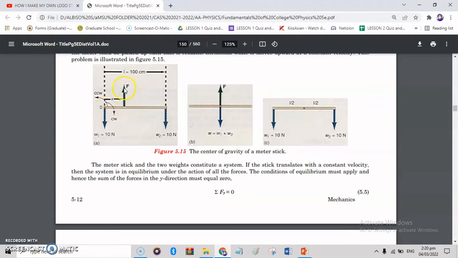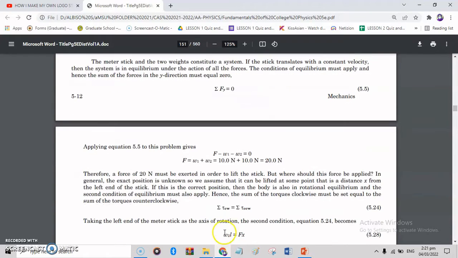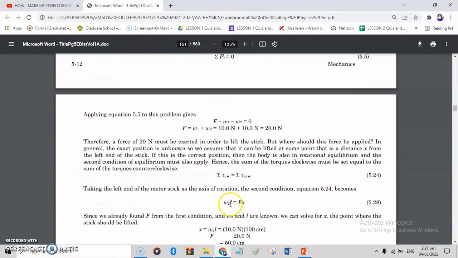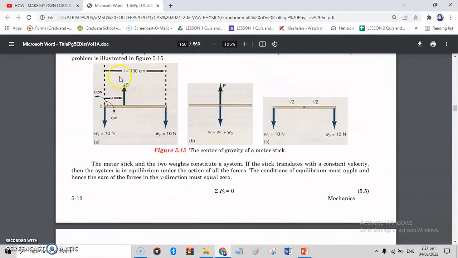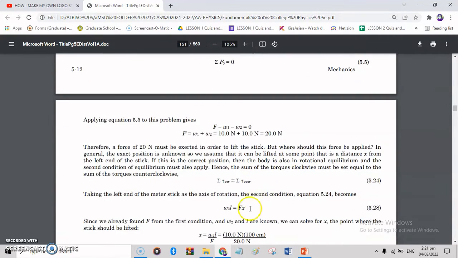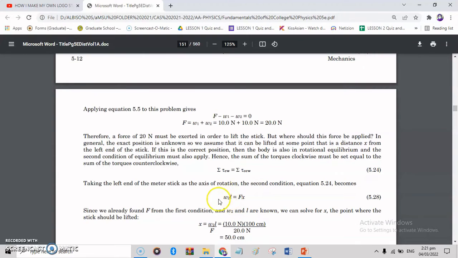You can see that there is an F and there is a W. Okay? So, your clockwise is W. That is W times 100 centimeter, or W times the L, equals the counterclockwise, which is F. It is counterclockwise, so it has a distance X. So, this is now your second equation.